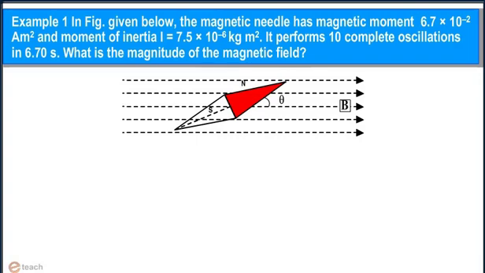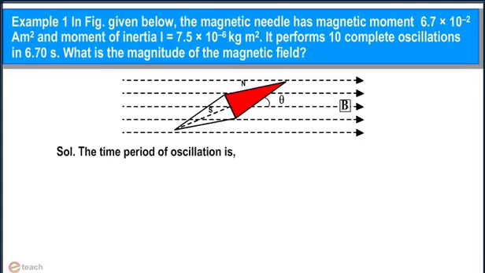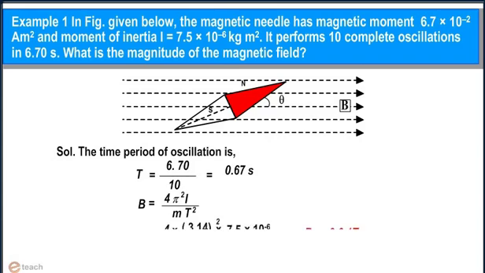Solution: the time period of oscillations is T equals 6.7 divided by 10, that is 0.67 seconds. We know B equals 4 pi square I divided by M T square. Putting the values, we get B equals 0.01 Tesla.